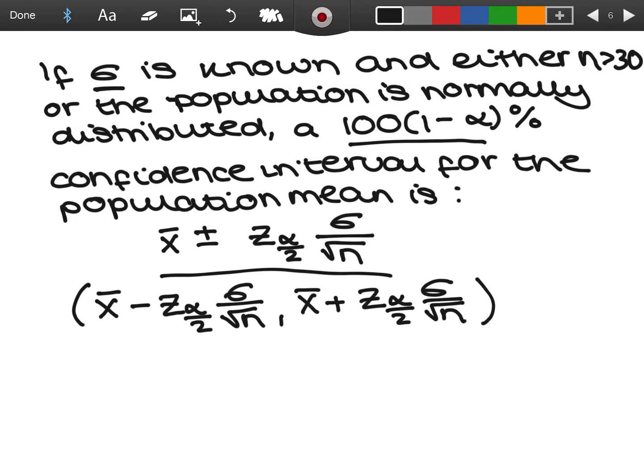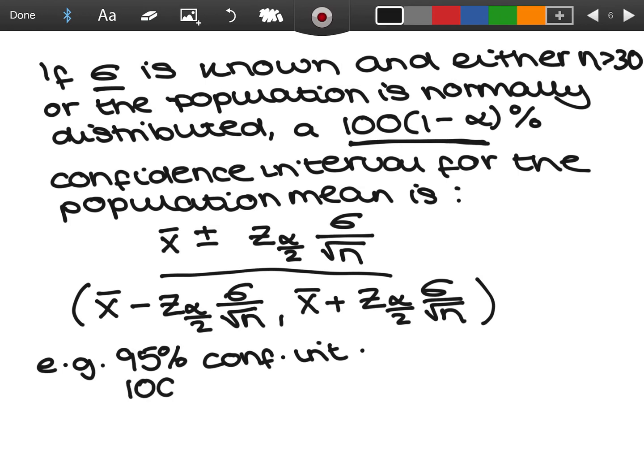Let me give you an example that will show where we're going with this and what this actually means. Let's say that we wanted a 95% confidence interval. For a 95% confidence interval, to make this thing 95%, that would be 100 multiplied by 0.95.